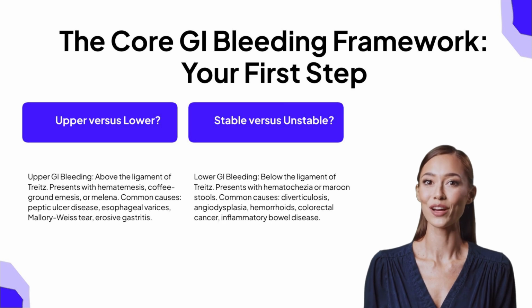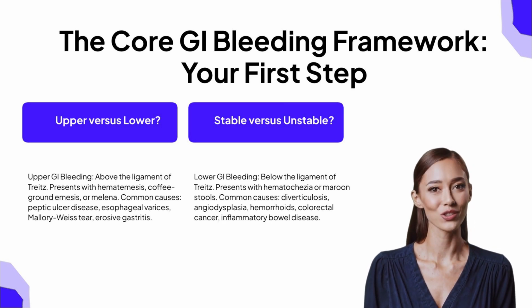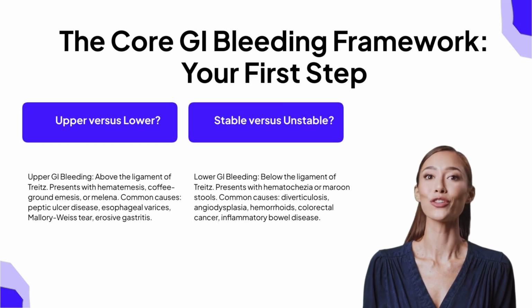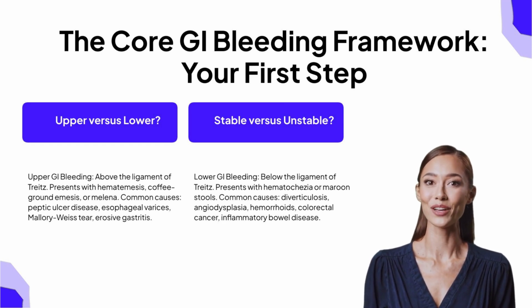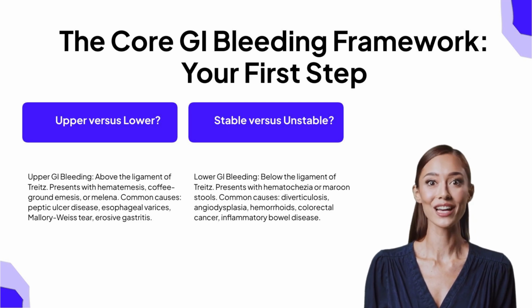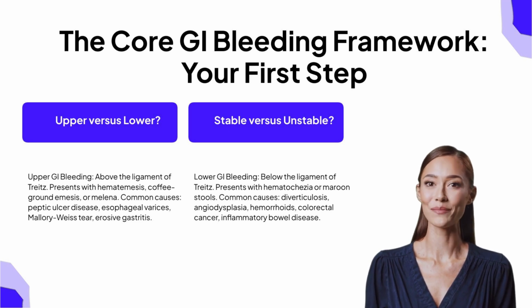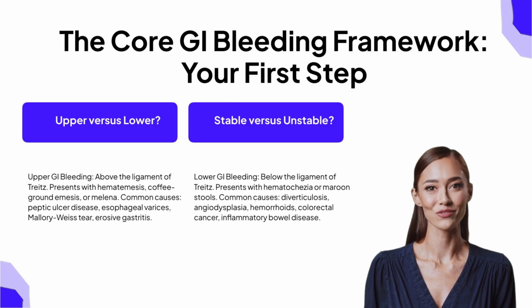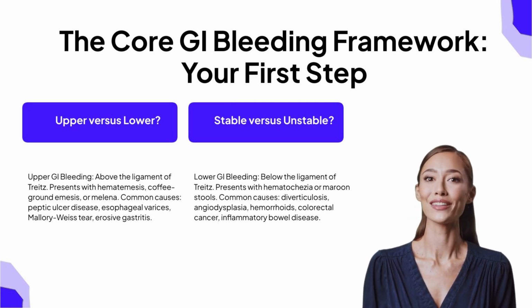Here's your core framework for any gastrointestinal bleeding question. The first question you should always ask yourself is: upper or lower? Upper gastrointestinal bleeding originates above the ligament of Treitz and classically presents with hematemesis, coffee ground emesis, or melena. Common causes include peptic ulcer disease, esophageal varices, and Mallory-Weiss tears.